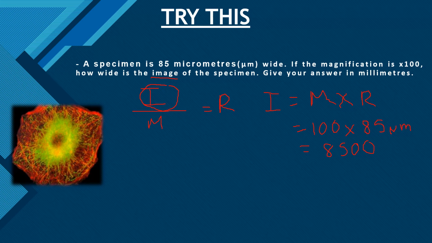And they want us to convert into millimeters. So yes, we do still have to put the units here because we haven't changed anything. And we know that 1 millimeter is equal to 1,000 micrometers.